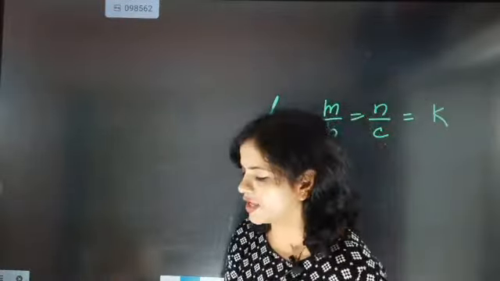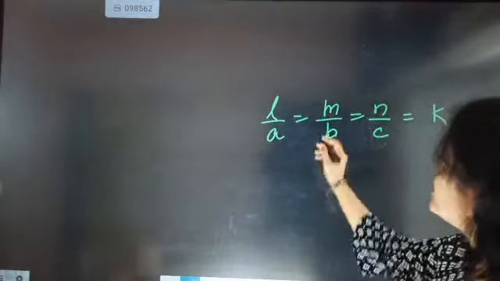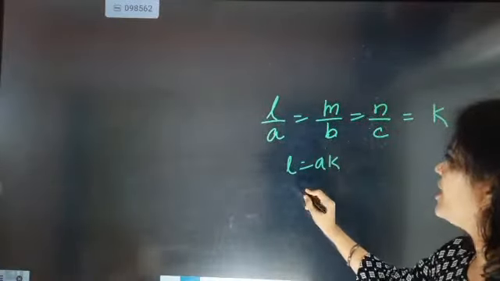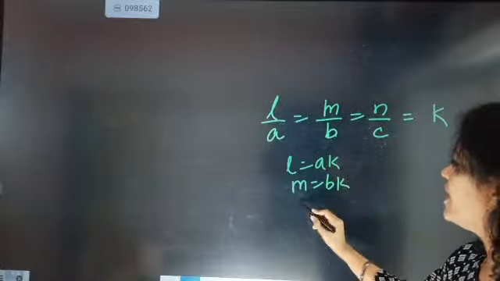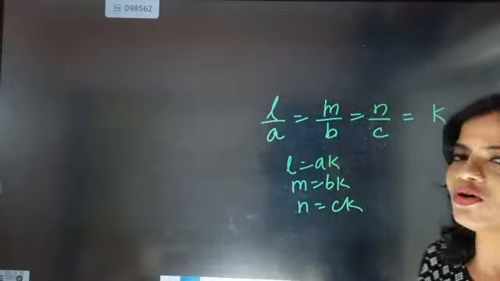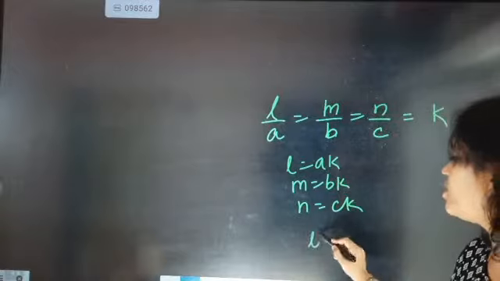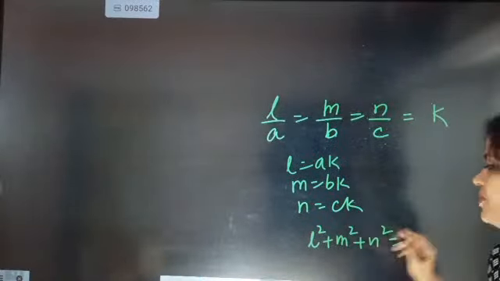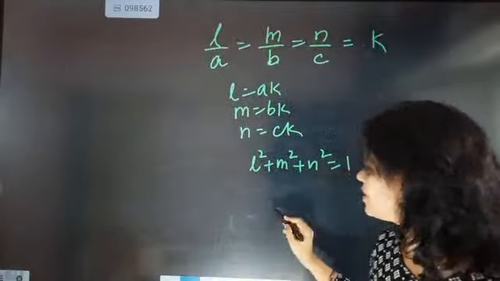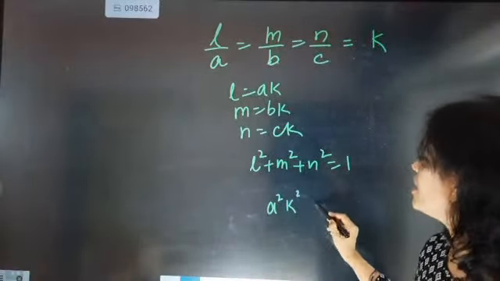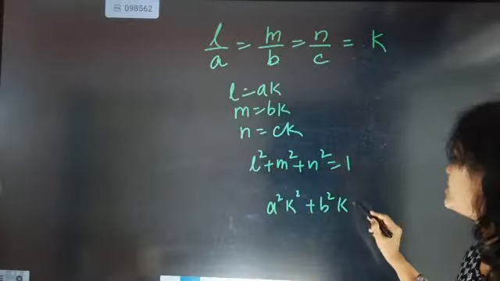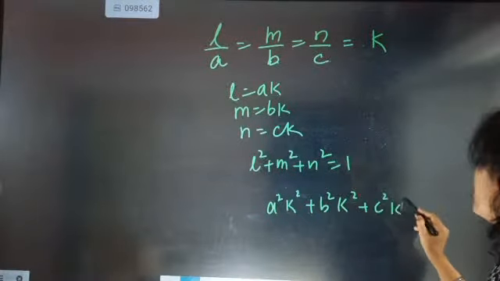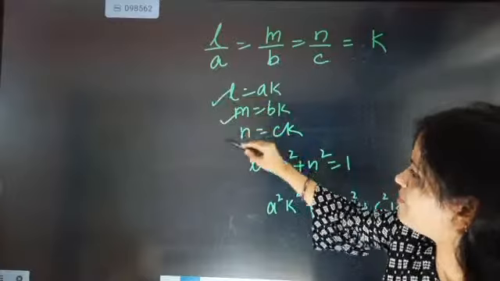You already know that L will be equal to AK, M will be equal to BK, and N will be equal to CK. Also, L square plus M square plus N square will be equal to 1. So it becomes A square K square plus B square K square plus C square K square equal to 1. I just substituted L, M and N values.